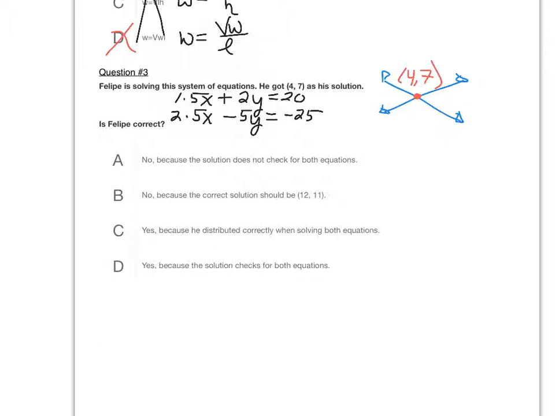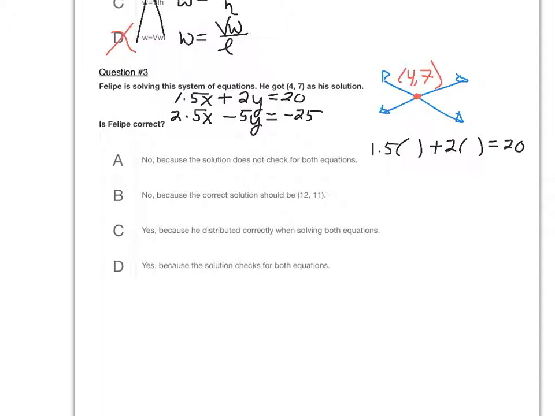I mean, you could start off with just plugging in 4 for x and 7 for y into both equations and seeing if it's a common solution. If it is, that's the answer, because they're only going to have one common solution. So let's go ahead and do that. I'm going to take the first equation, 1.5 and instead of x I got parentheses, plus 2, and instead of y, I'm using parentheses, equals 20.